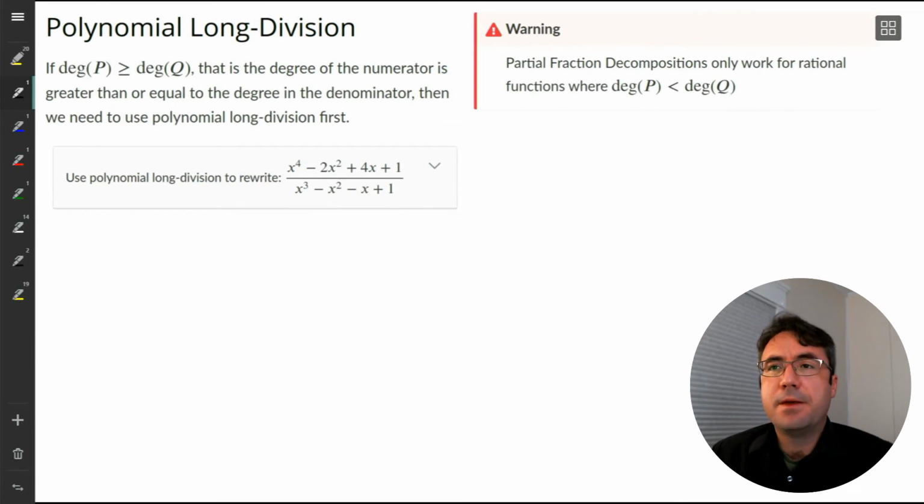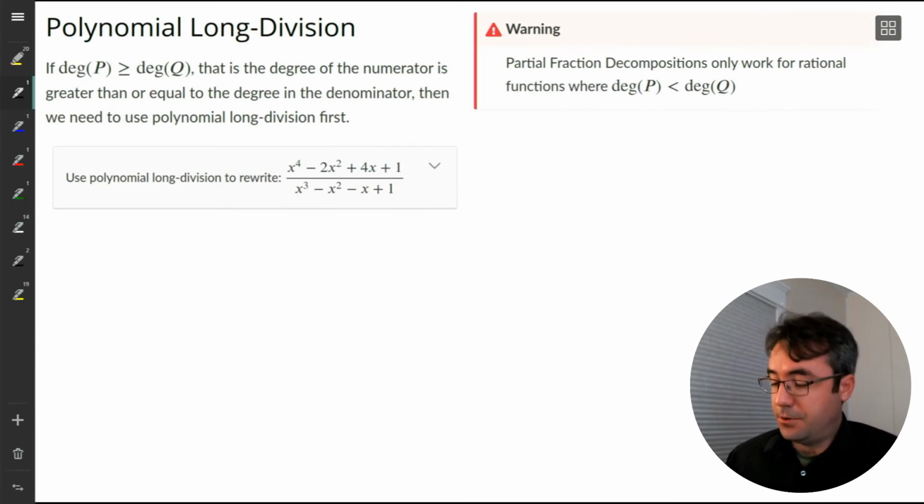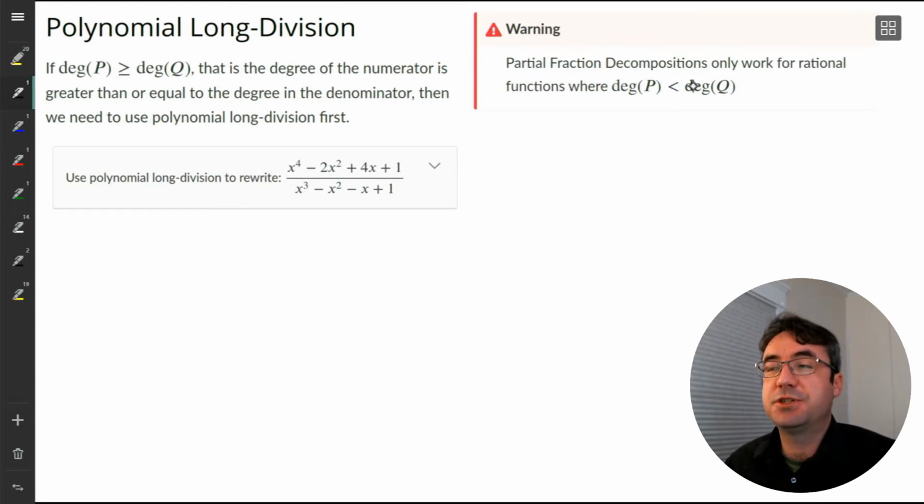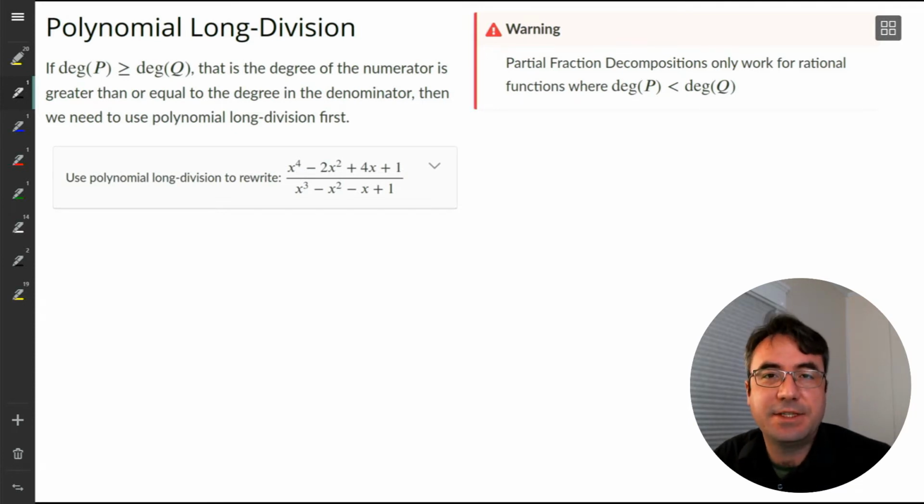And so just the warning here, we've kind of mentioned it, partial fraction decompositions only work for rational functions where the degree of the numerator, the polynomial in the numerator, is less than the degree in the denominator. So we need to have higher powers of x in the denominator for partial fractions to work.